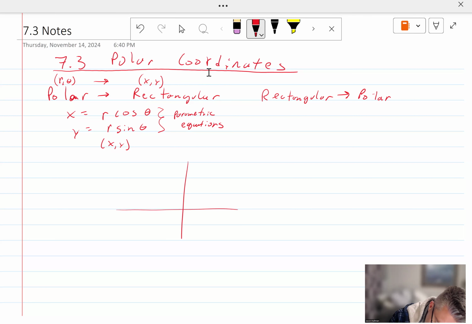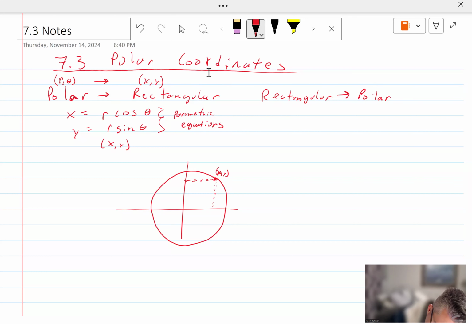This point out in space can be described in two different ways. This point can be part of a rectangle, or this point could be part of a circle. If it's part of a rectangle, it has an x and y value.